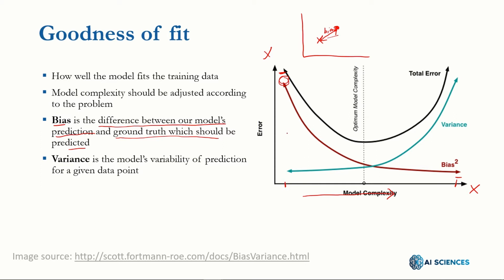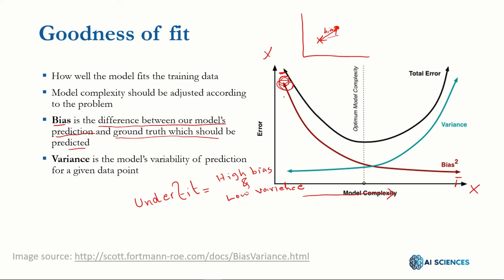So the simple understanding of underfitting is, let me write it here, underfit is equal to high bias and low variance.